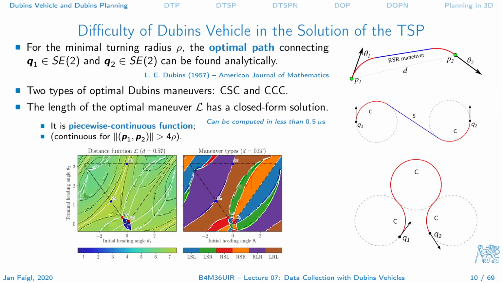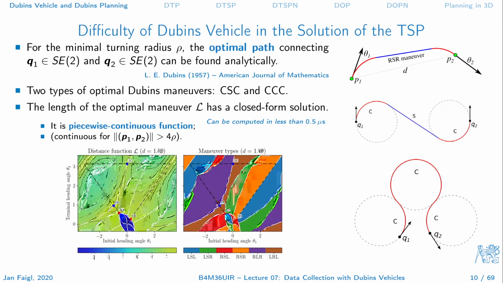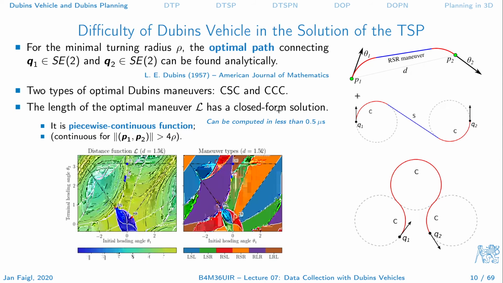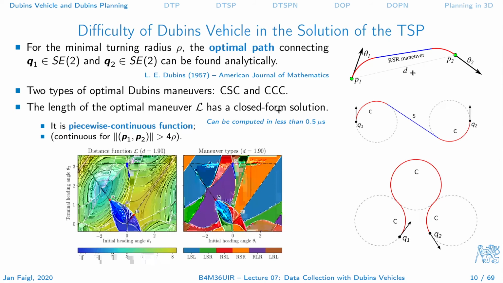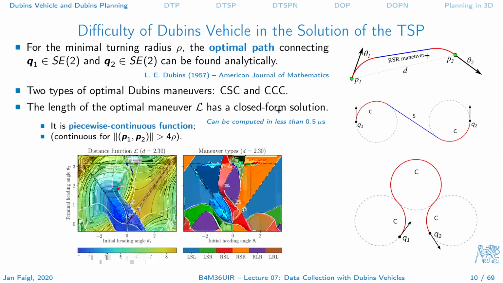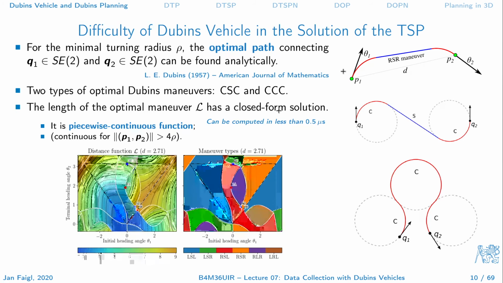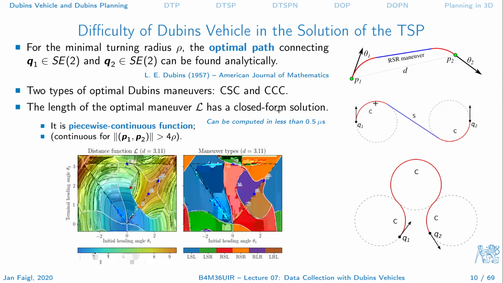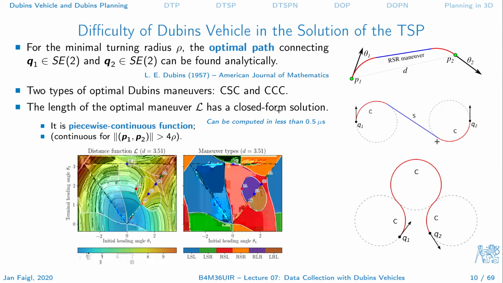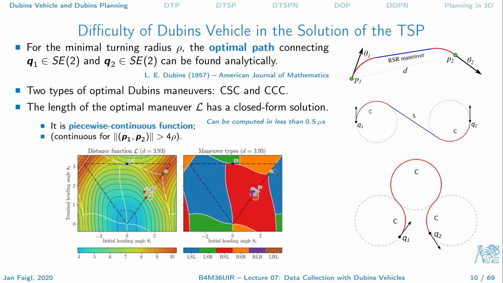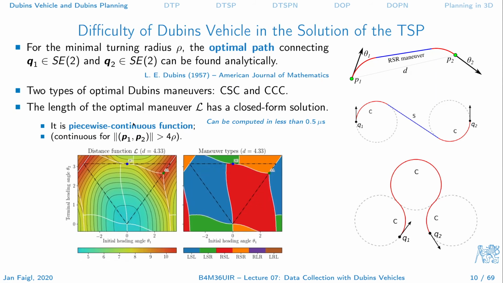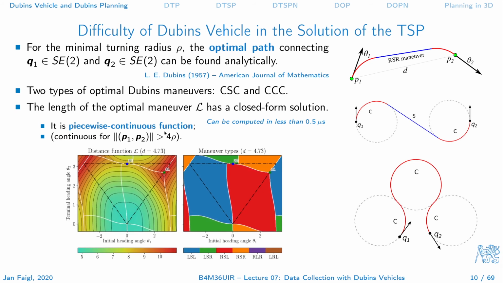Here is a recap of Dubins maneuver properties. So for this point-to-point path with the defined heading, we can find such a solution optimally. It is the CSC maneuver or CCC maneuver, but the main challenge is related to the piecewise continuous function.